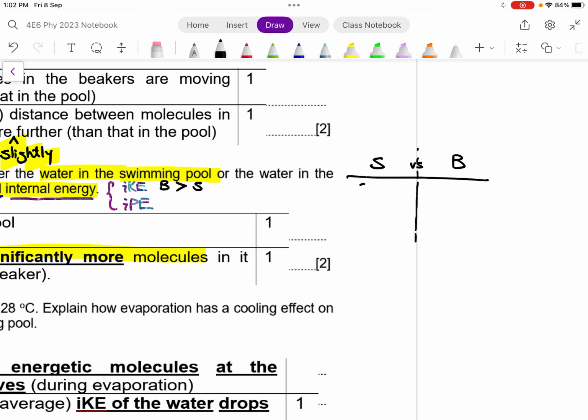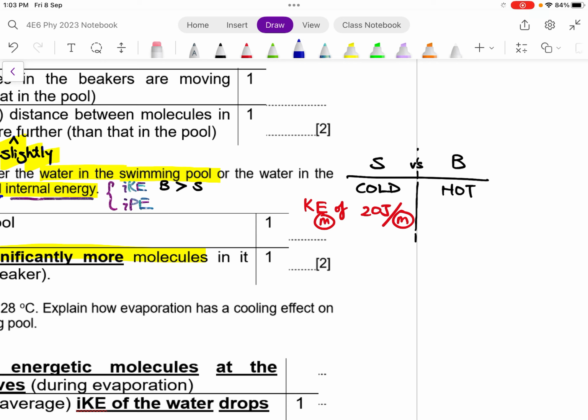Swimming pool is cold. Beaker is hot. Correct or not? So let's say, because it is cold, the kinetic energy of a molecule, let's say 20 joules per one molecule.